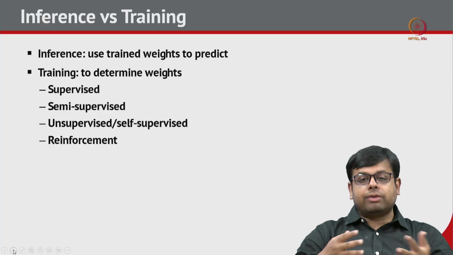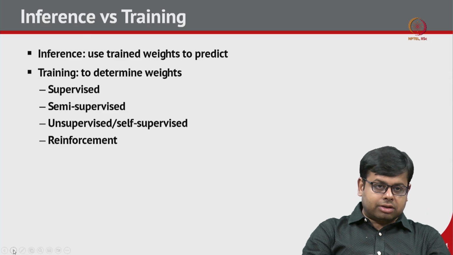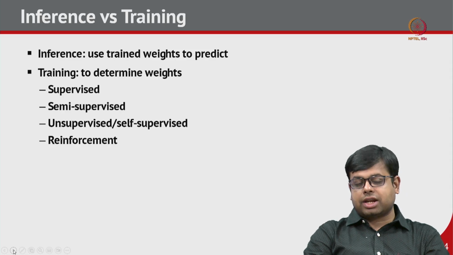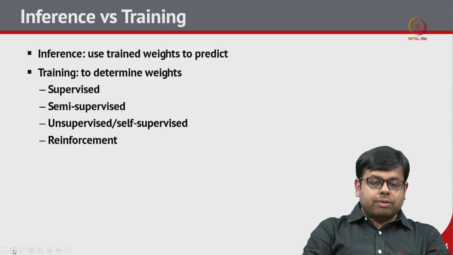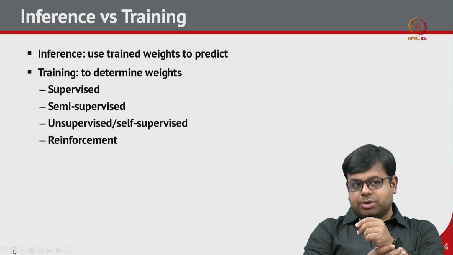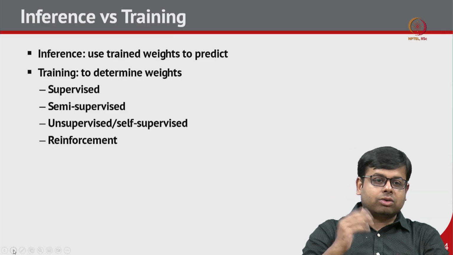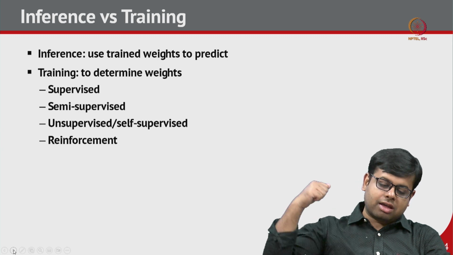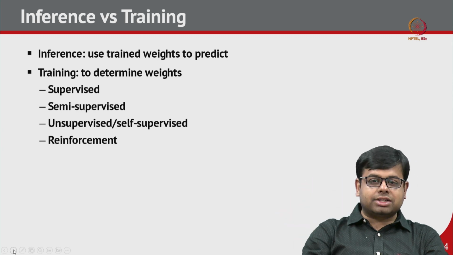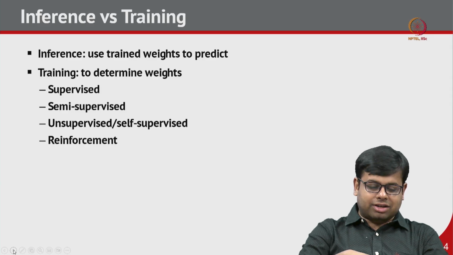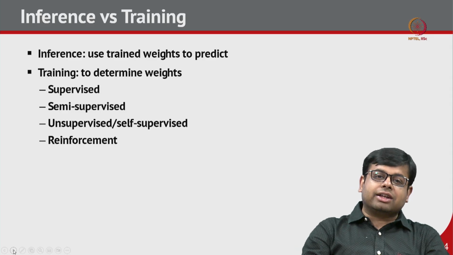Now, whenever we talk about a machine learning algorithm, there are two phases. One is inference and another is training. Let us say you are using ChatGPT. You got an assignment and you do not want to solve it yourself, so you put the whole assignment in the ChatGPT prompt and expect the solution. That phase is called inference.